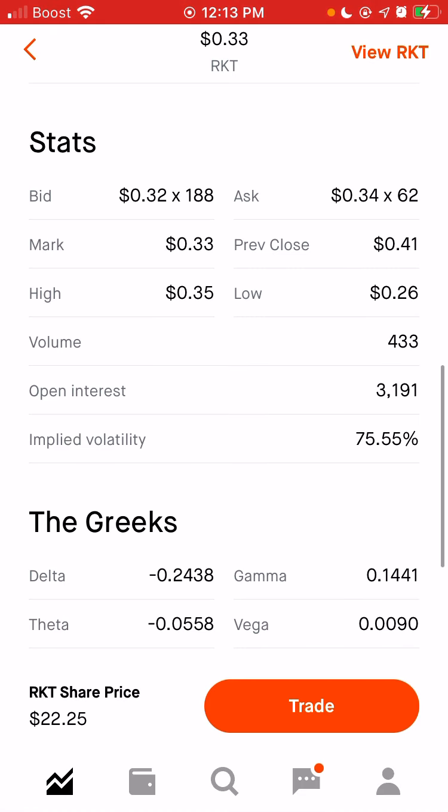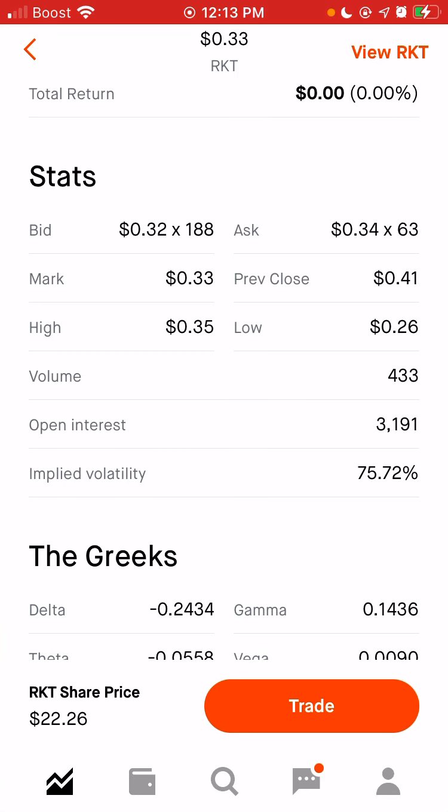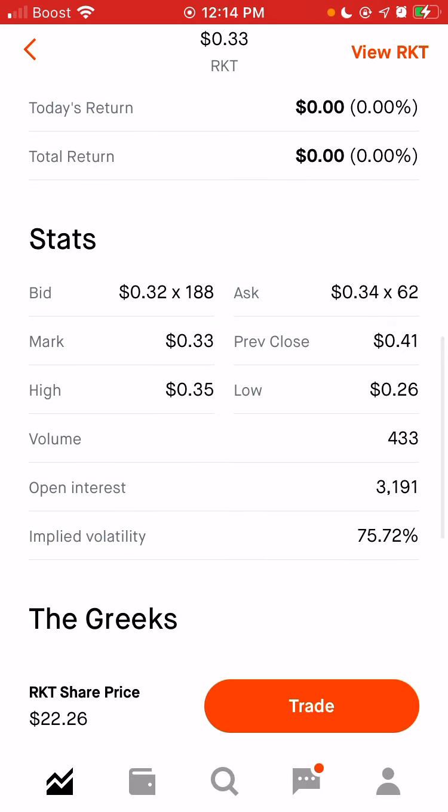Next, we're going to talk about implied volatility, which is very important and sometimes can get overlooked. The implied volatility represents essentially how volatile the underlying security is and what the expected move is. Why this is important is because the higher the implied volatility, the more premium is going to be built into the option.